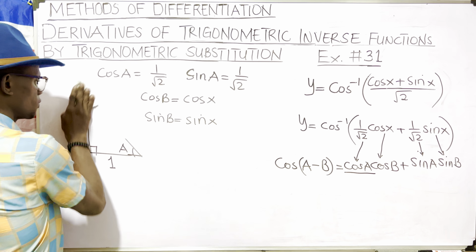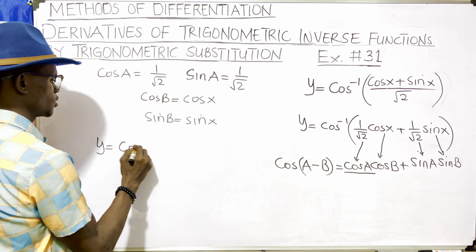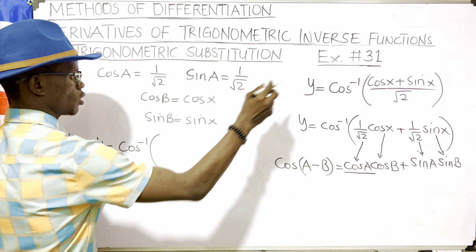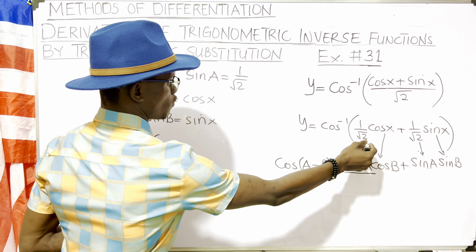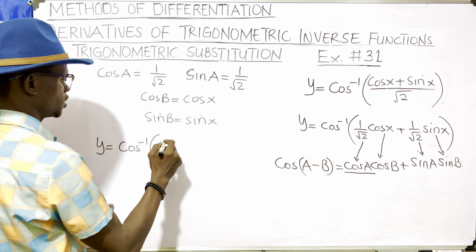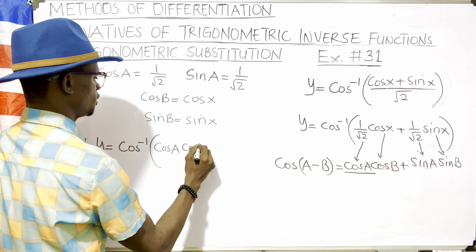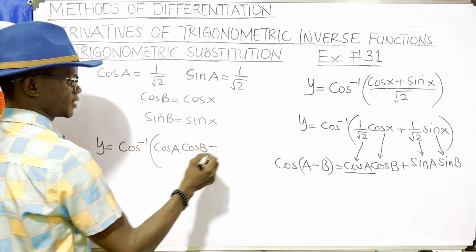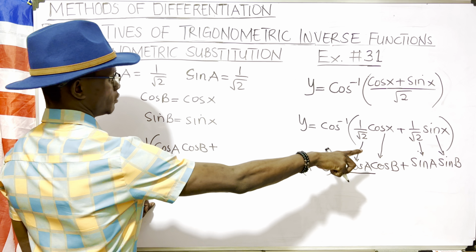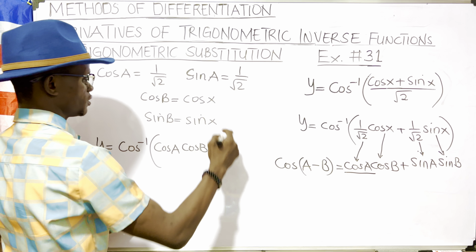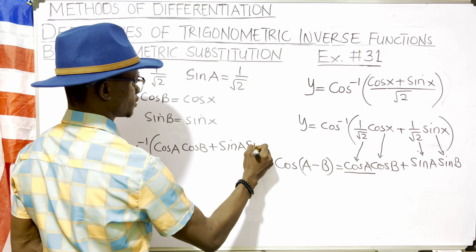So now we can do the substitution in the problem. So we have y equals cos inverse of, now we have 1 all over the root of 2, which is equal to cos of a, and then cos of x is just equal to cos of b, plus sine of a, 1 over the root of 2 is equal to sine of a, and sine of b is equal to sine of x.